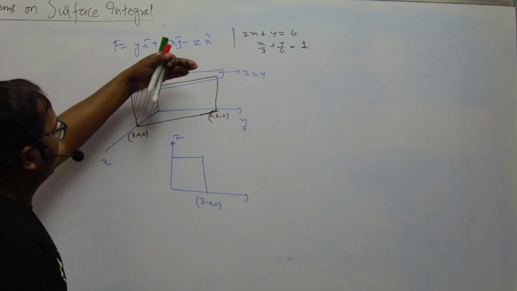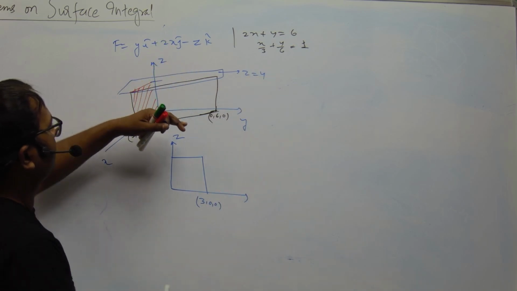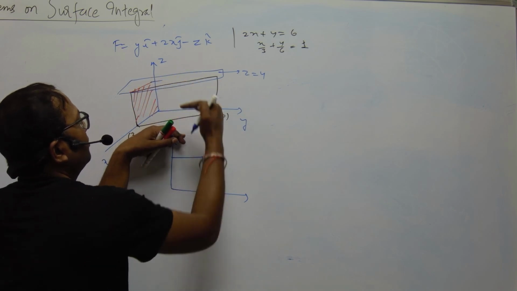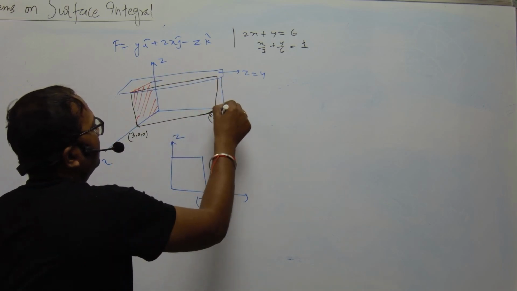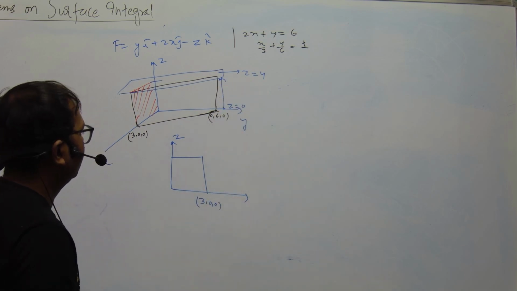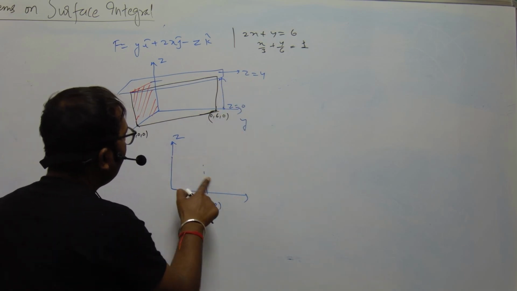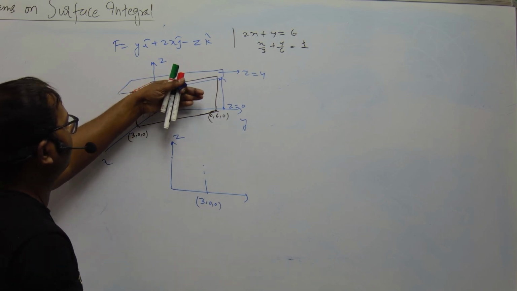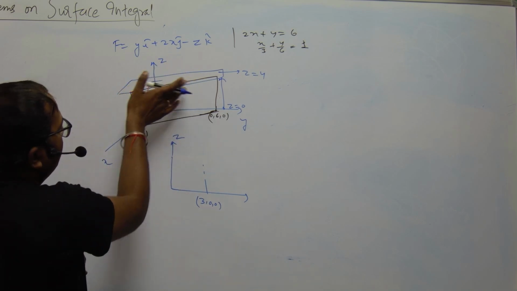This is our plane that is perpendicular to the xy plane and it is cut off by the plane z equal to 4. So the z limit will be from z equal to 0 to z equal to 4. We have taken the projection on the xz plane.